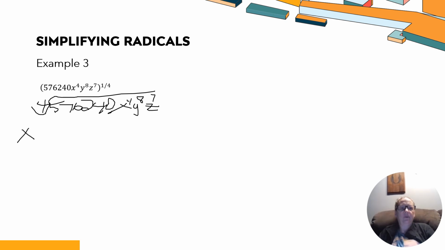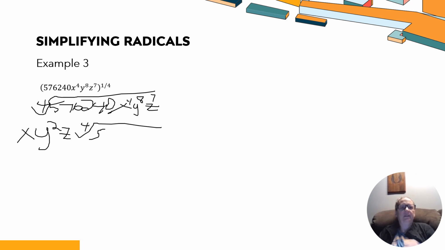So x to the first comes out. For y, I have 8 divided by 4, which is 2, with no remainder. So y squared comes out. For z, I have 7 divided by 4, which is 1. So 1z comes out.